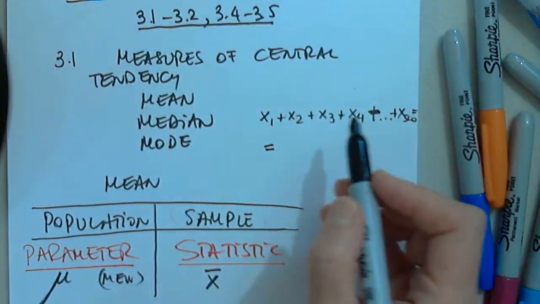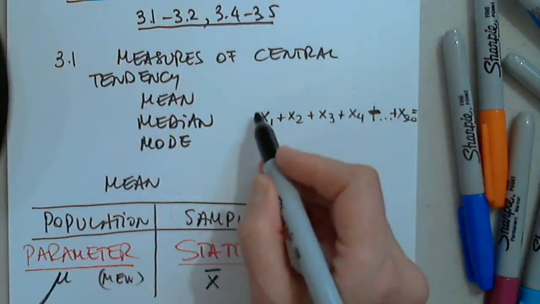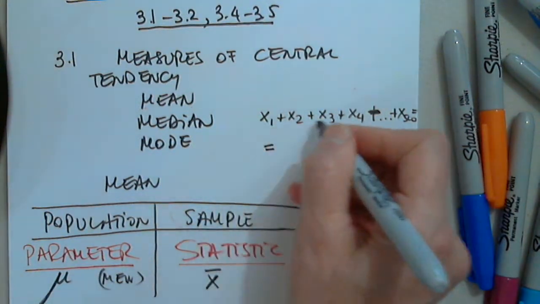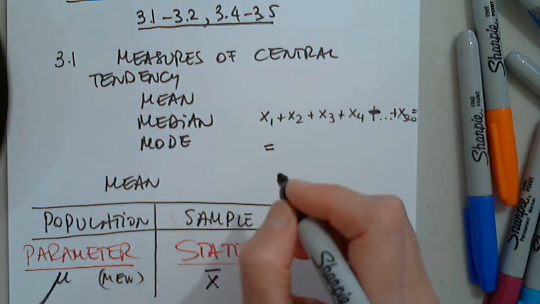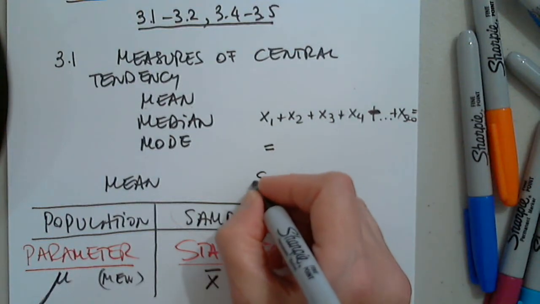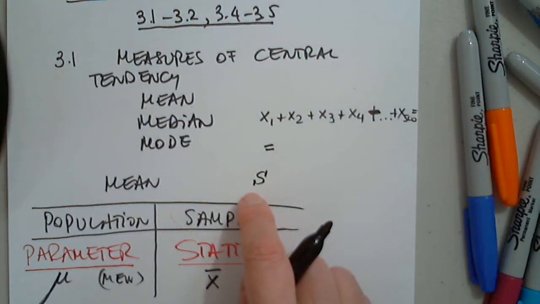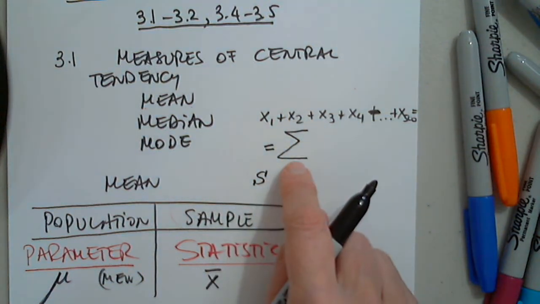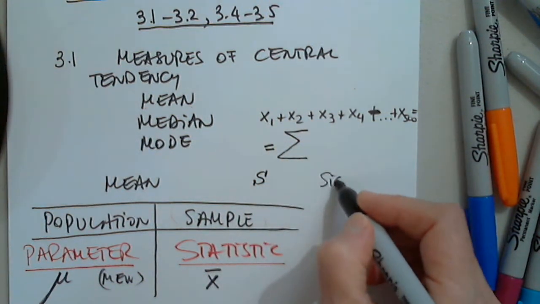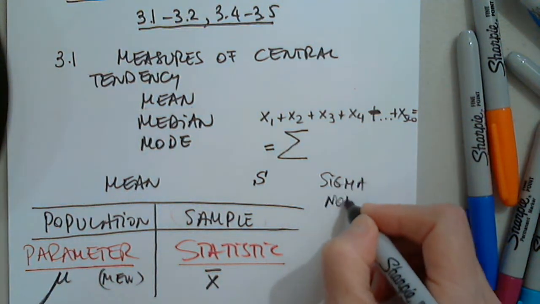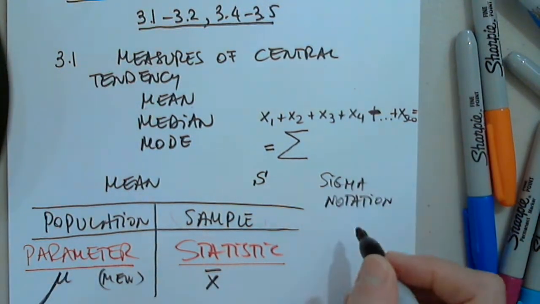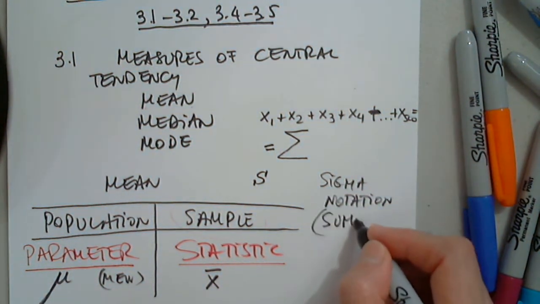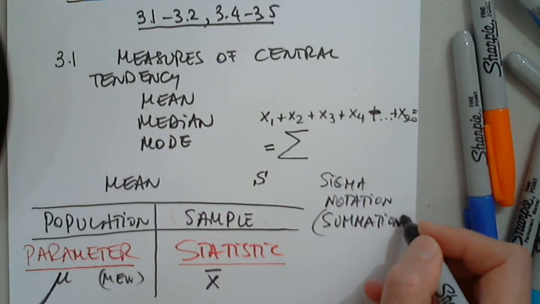In order to condense this addition and not have to write it out that long, we are going to use the Greek letter S. This is what is called the sigma notation, also called the summation notation.